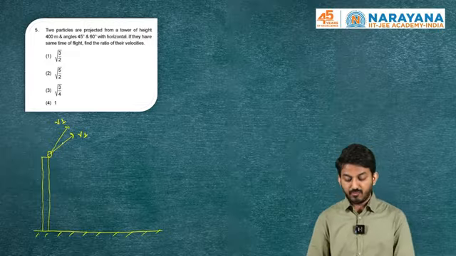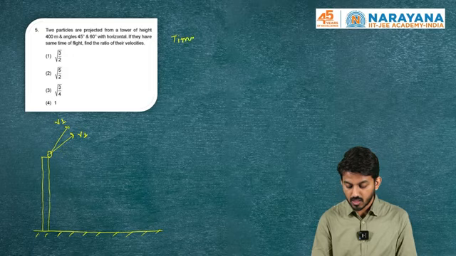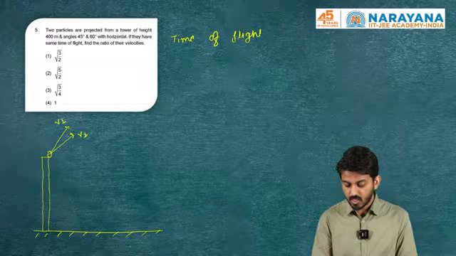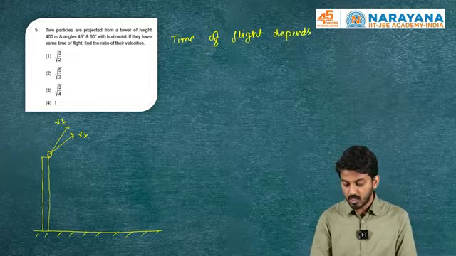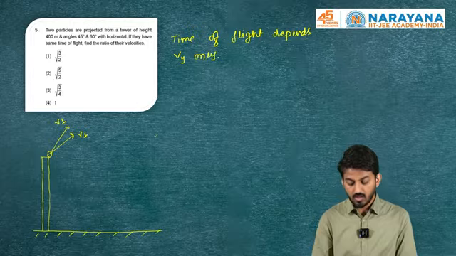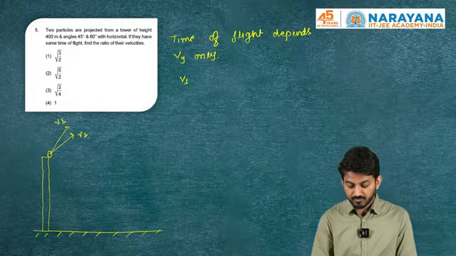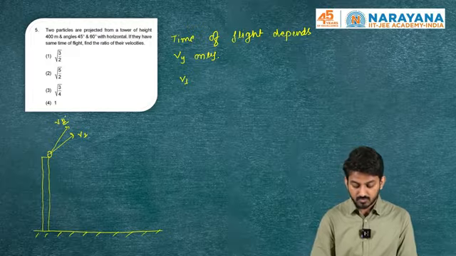Now, the time of flight depends on vy or y component of the velocity. All right, like that. So because the time of flight is same, so we'll equate the time of flights. So v1, this is v2.